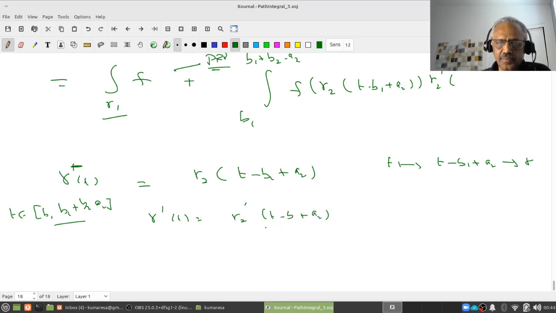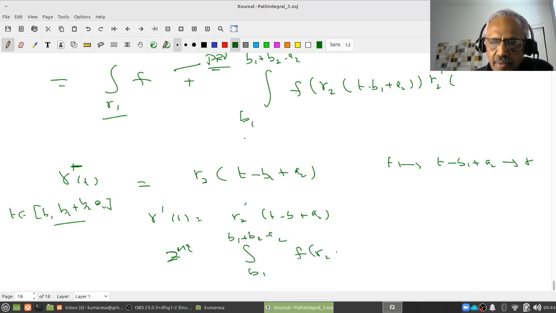Is that clear? Therefore, the second integral becomes integral from b1 to b1 plus b2 minus a2 of f of gamma 2 of t minus b1 plus a2 into gamma 2 prime of t minus b1 plus a2 dt.